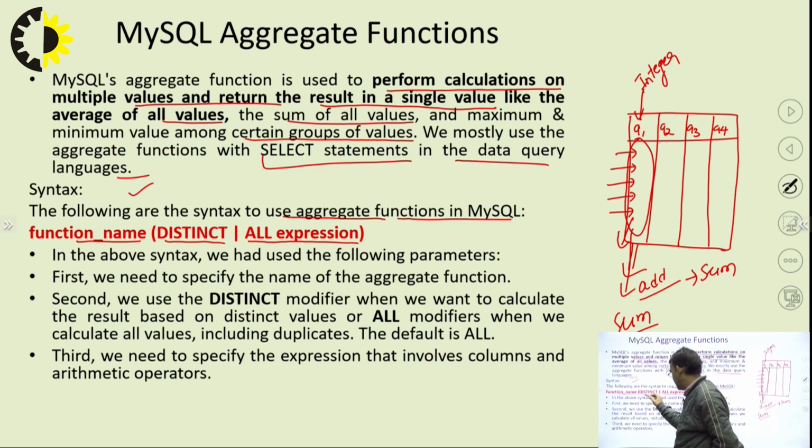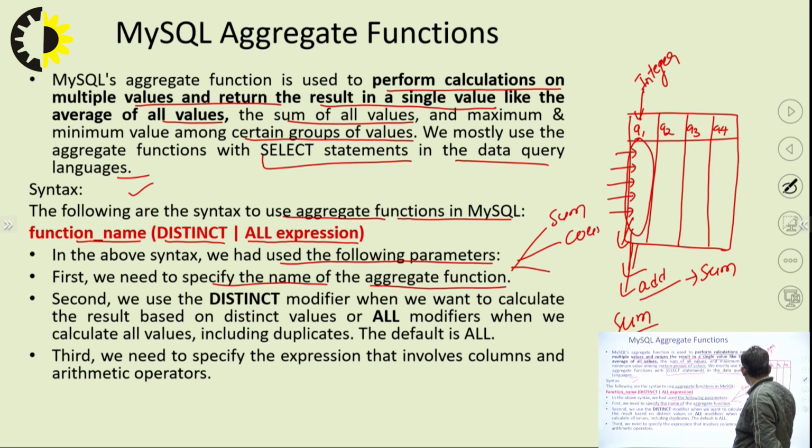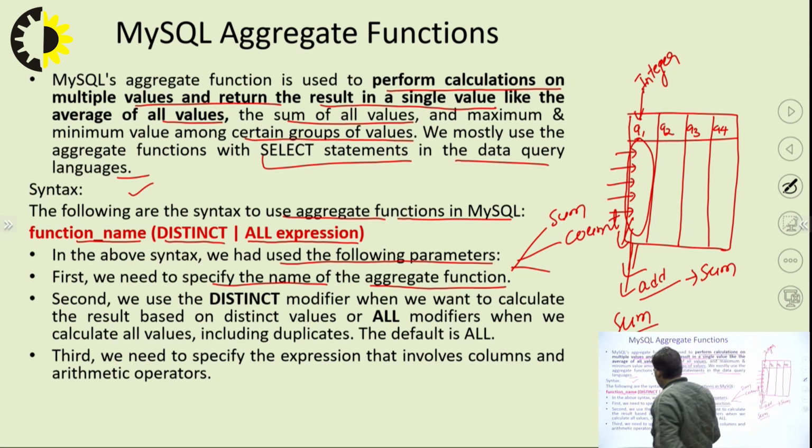In this syntax, we use the following parameters. We need to specify the name of the aggregate function. It means there are 6 aggregate functions, for example sum, count, first, whatever we have. In function name, we specify the name of the aggregate function.